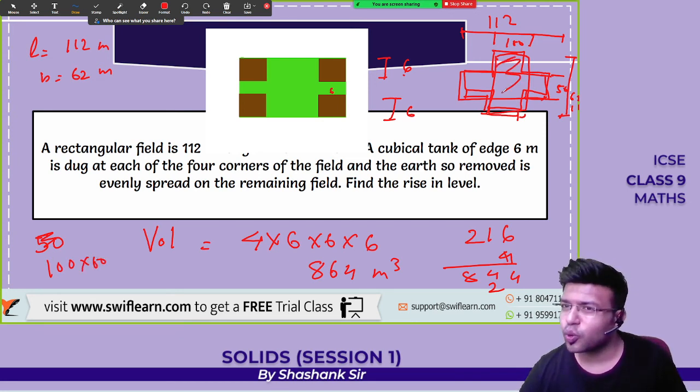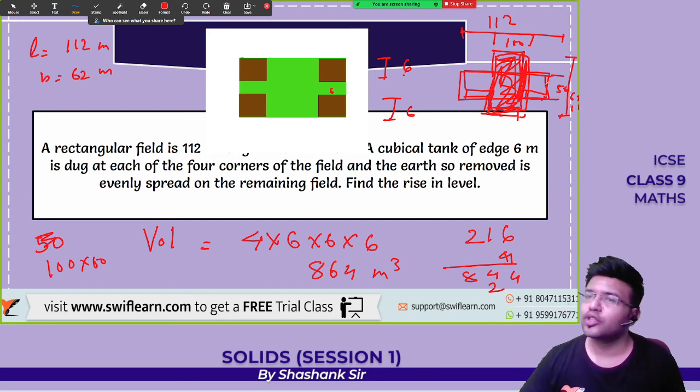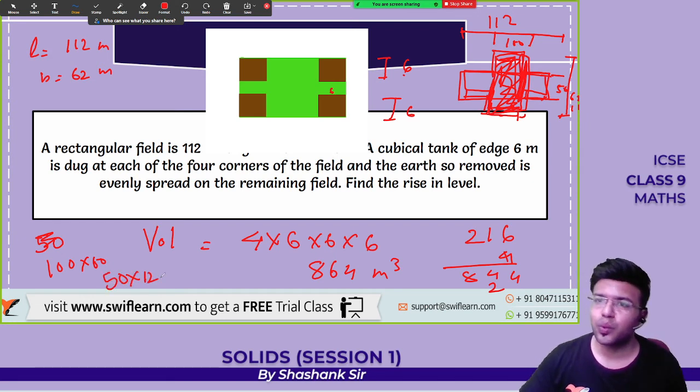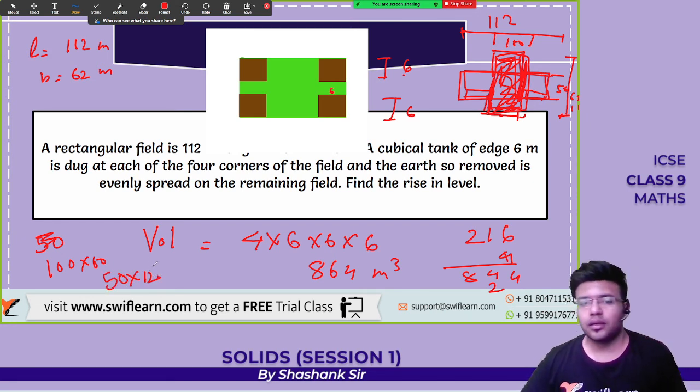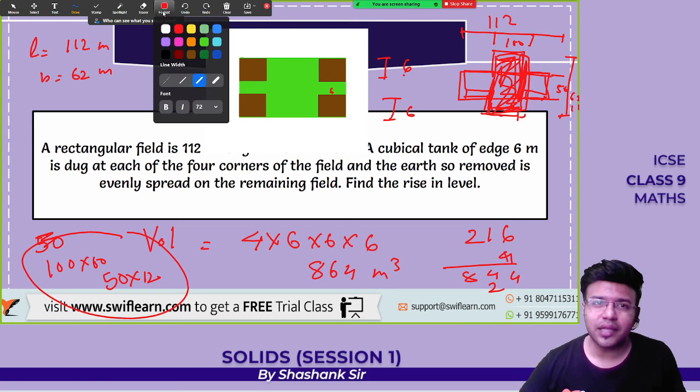This portion is 100 into 62. Now this portion is 50 into 6 plus 50 into 6, which is 50 into 12, means 2 times 50 into 6 is 50 into 12. Add this area, the base area. How much is that?